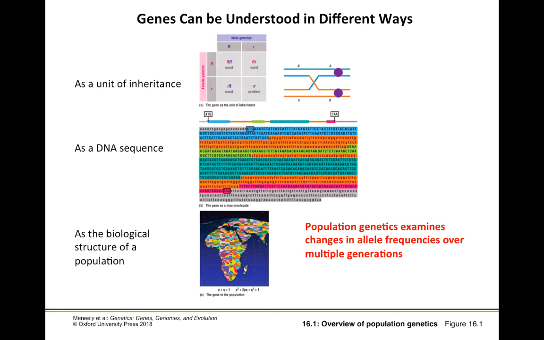And then we can also look at genes as characteristics within a population and look at the frequencies of alleles of genes and how they change as you move from one position on the Earth to another, moving from population to population.